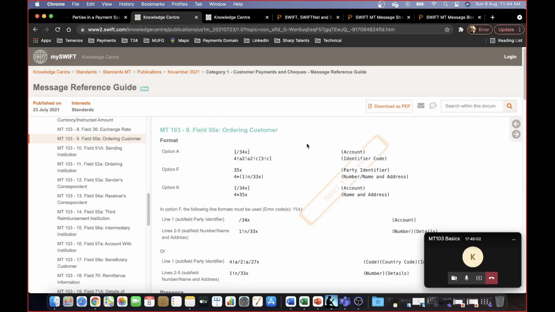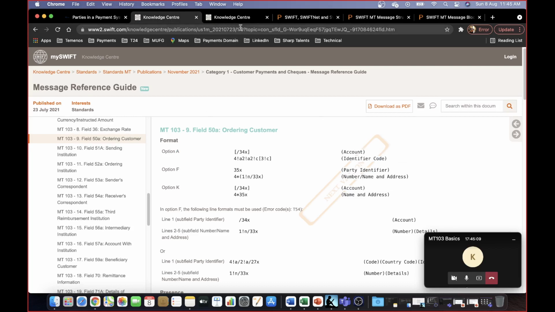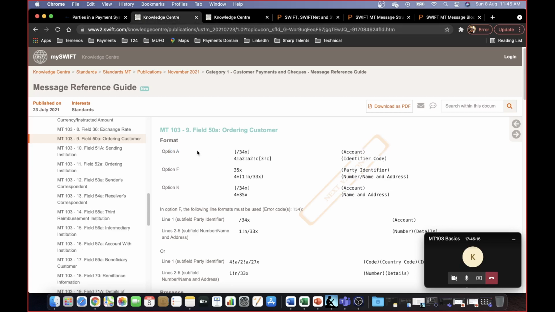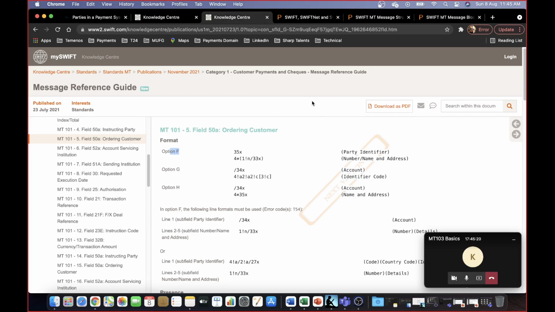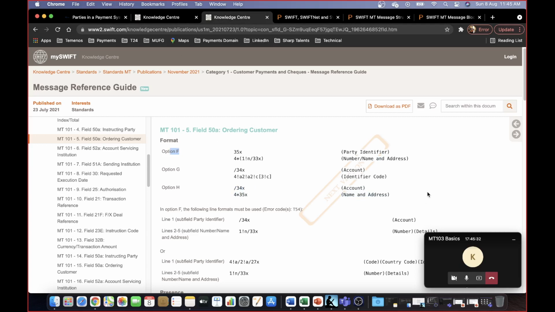Here you can see account and identifier code, so F is mapped to G from MT101. I stand corrected. So option A is mapped to name and address, and so on. You can compare this format from MT103 and the format in MT101 to make the connection.